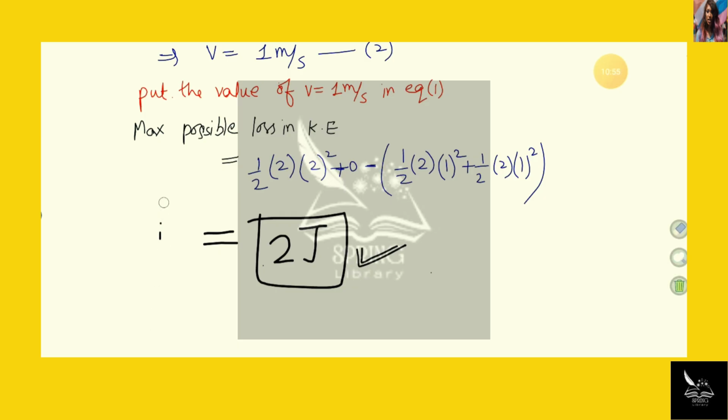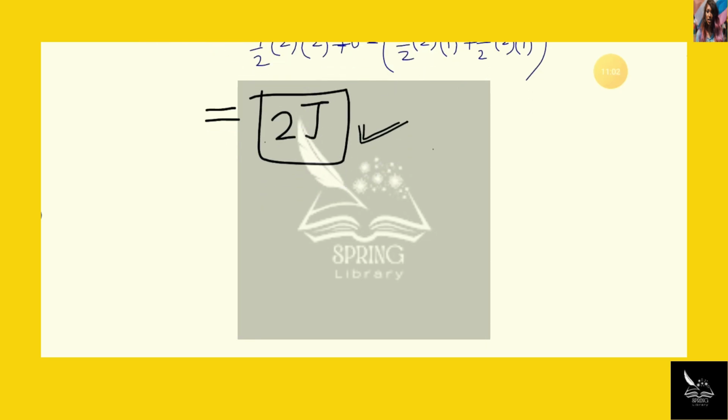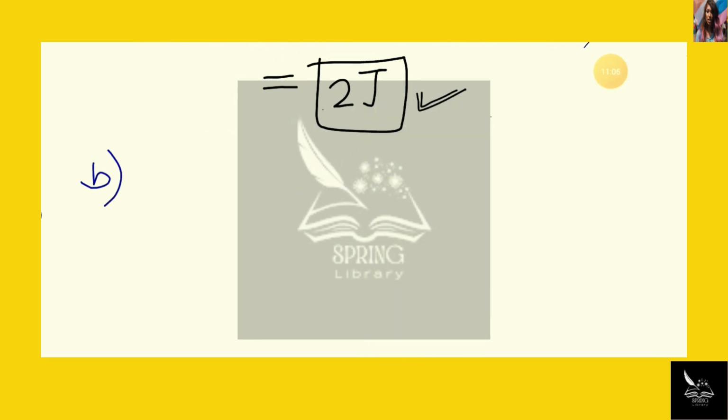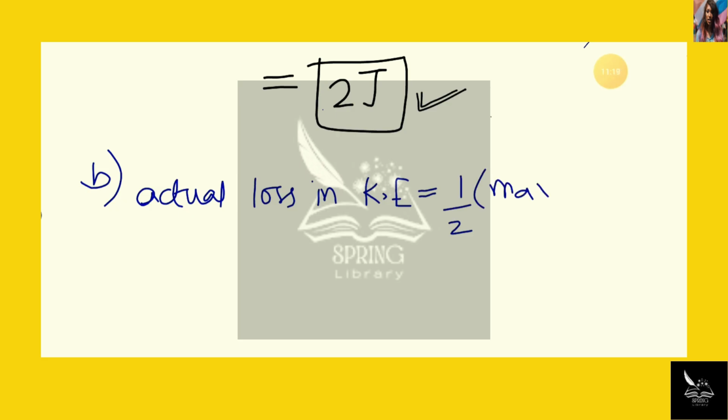In part B it is saying that we have to find the coefficient of restitution, and there is a condition given, that the actual loss in kinetic energy is equal to half of the maximum loss in kinetic energy.